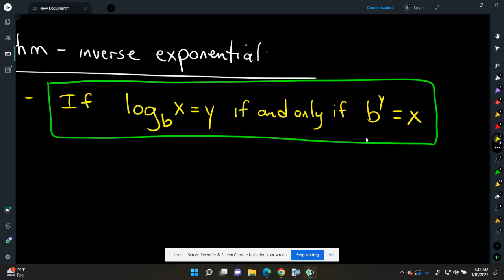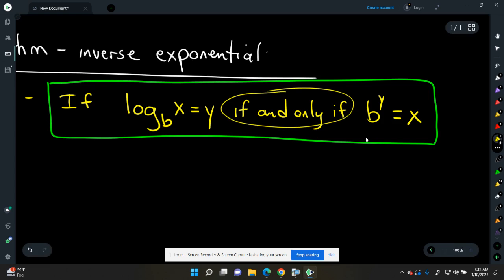Okay, this if and only if here. Basically what that means is that this goes both ways. Okay, in math, there's 2 symbols that we use for this. We'll use IFF instead of writing it out, because in math we don't like words, right? We try and use as many abbreviations as we can, right? If and only if. And then sometimes you'll see it as a double arrow. I actually like that because that is more clear to me. That means it implies both directions.